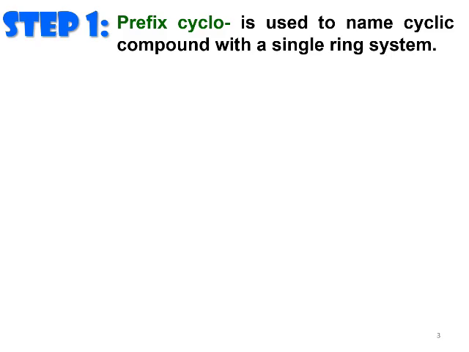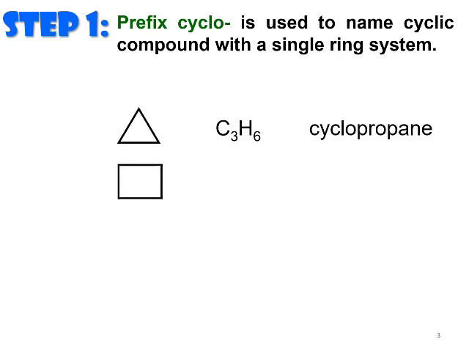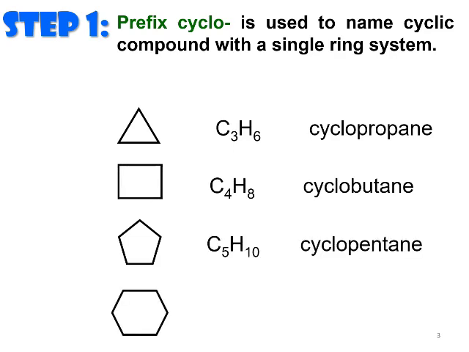Step number 1. The prefix cyclo is used to name a cyclic compound with a single ring system. Example, C3H6 is cyclopropane, C4H8 cyclobutane, cyclopentane for C5H10, and cyclohexane for C6H12.